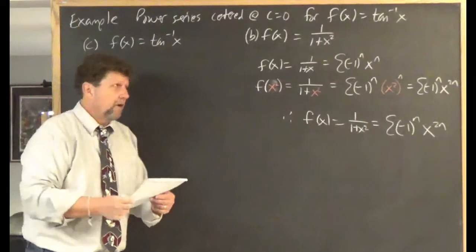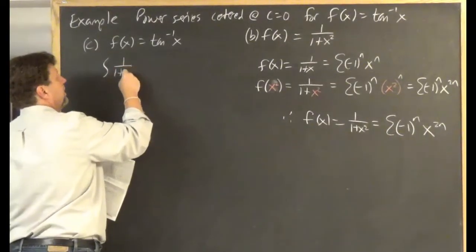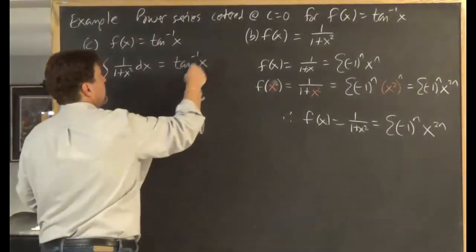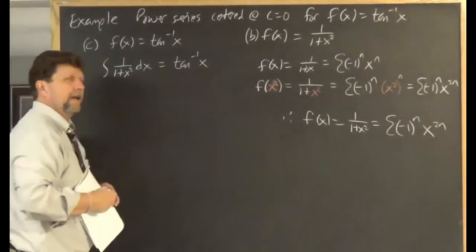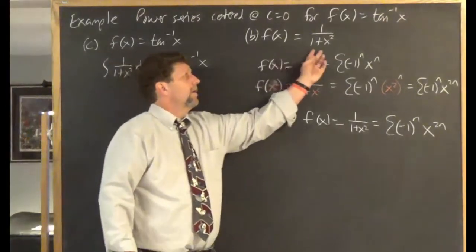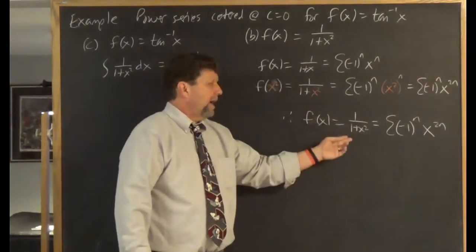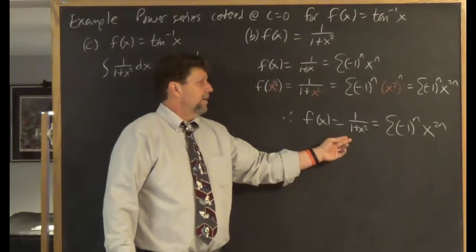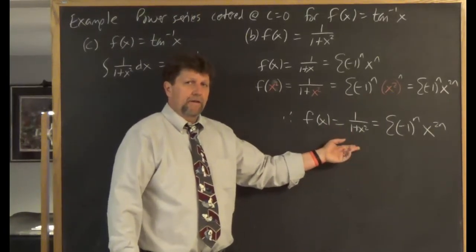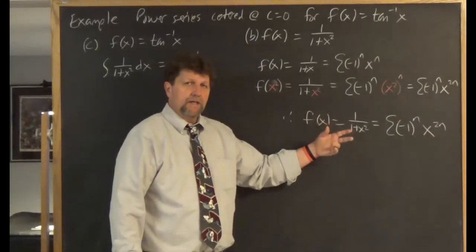Which means, don't we know the antiderivative of 1 over 1 plus x squared is inverse tangent? We know that. So it looks like all we have to do is take our power series from part B, the power series for 1 over 1 plus x squared, and integrate it. Because we know the antiderivative of 1 over 1 plus x squared is inverse tangent.